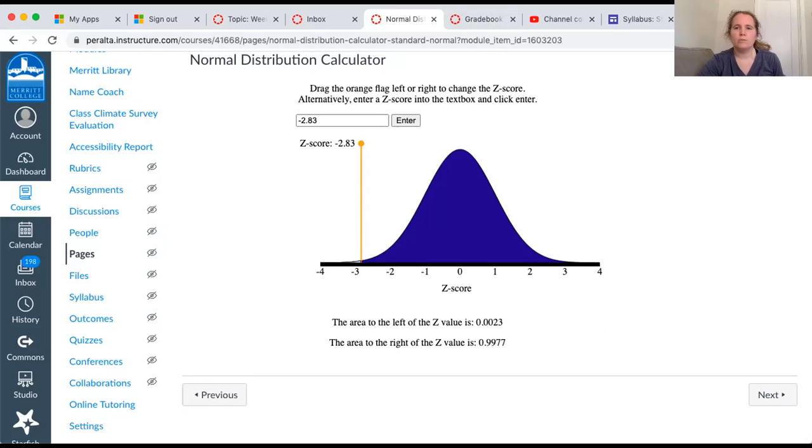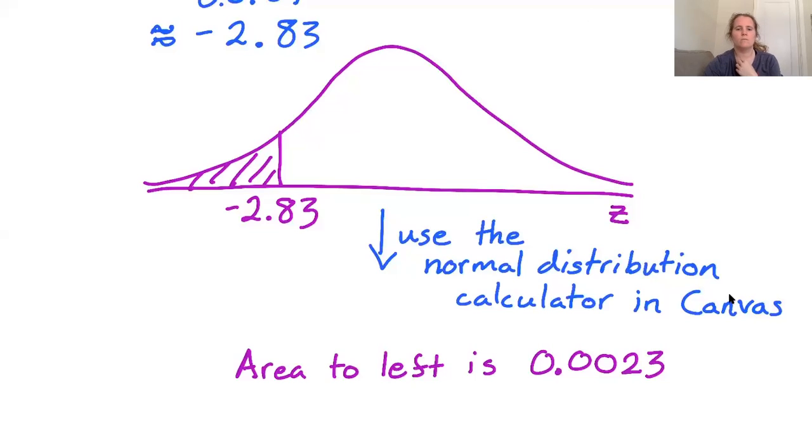All right, so switching back. We have the area to the left as 0.0023.